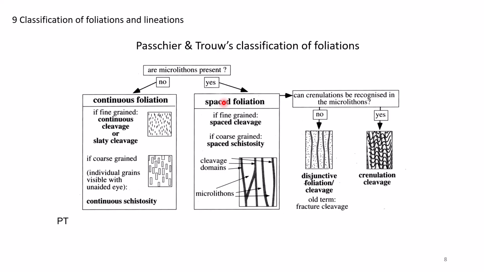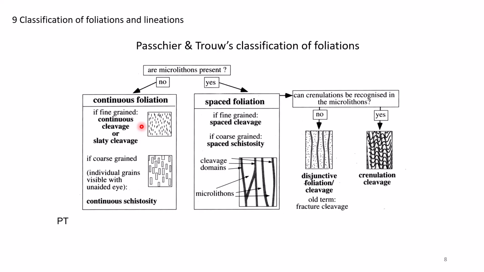Now, continuous and spaced foliations can be further subdivided depending on the grain size and depending on the presence or absence of crenulations. Let's have a look at the continuous foliation first. If you are considering a fine-grained rock, such as a slate or shale, or perhaps a phyllite, the foliation would be very small scale, very narrow, and you would probably struggle to distinguish individual mineral grains with the naked eye.